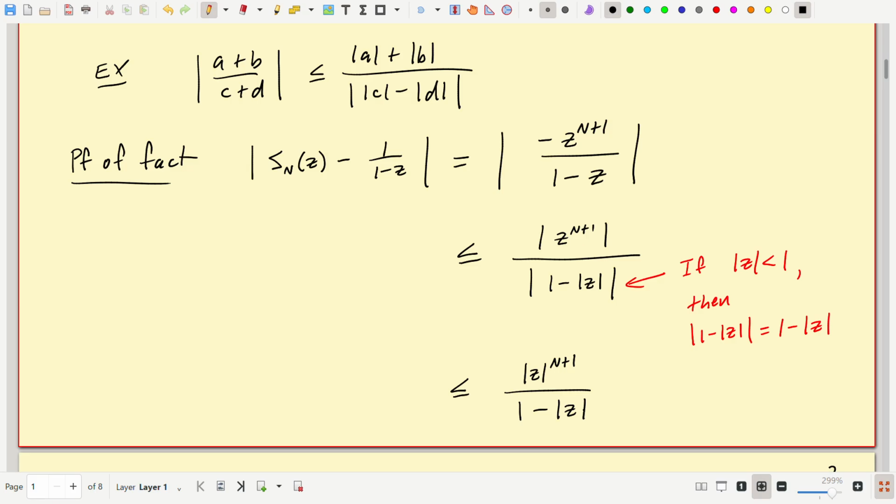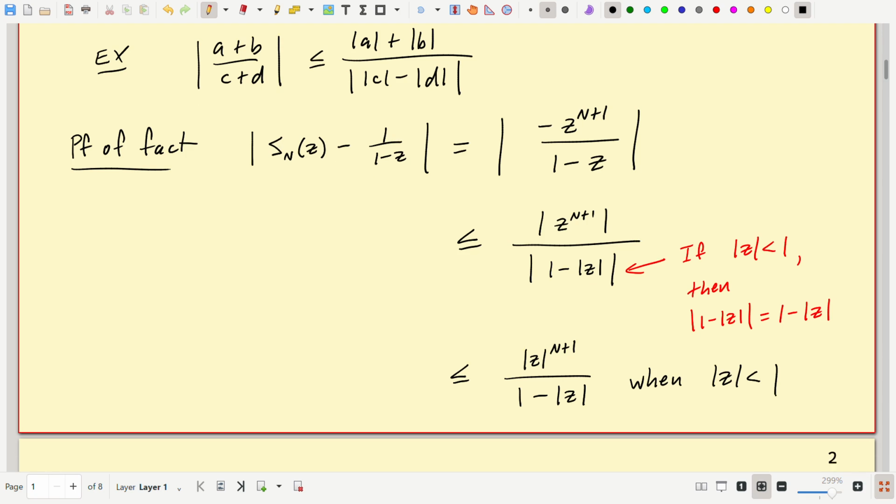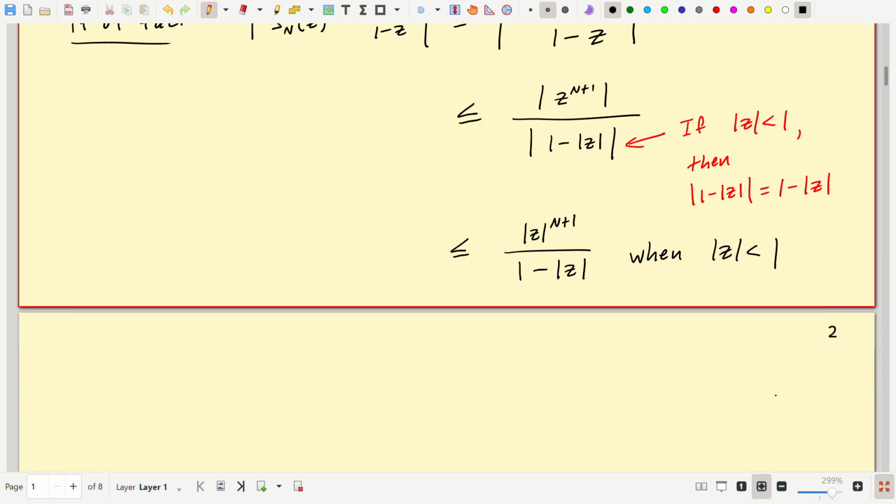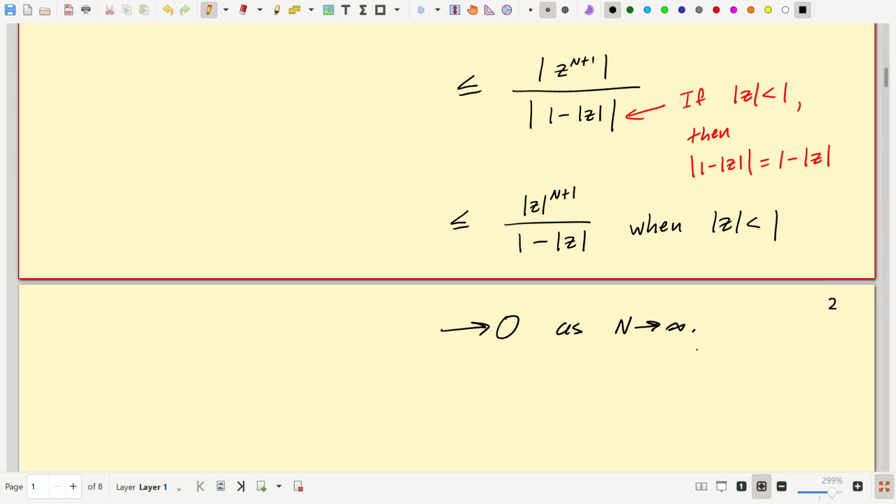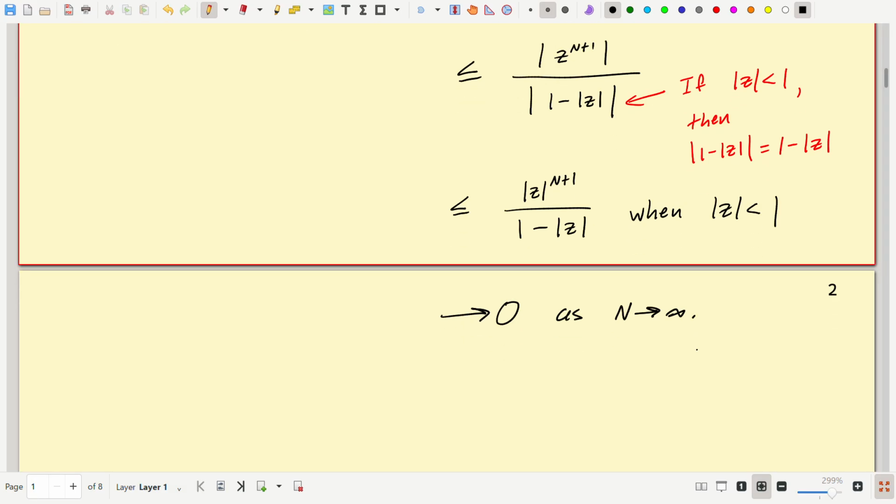So that thing is actually equal to that. It's important to say the modulus of z is less than 1. Okay, so I use the denominator estimate there. And that goes to 0 as n goes to infinity. So sure enough, that geometric series converges when the modulus of z is less than 1.